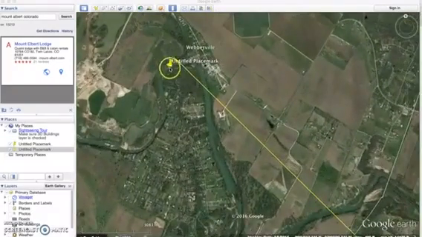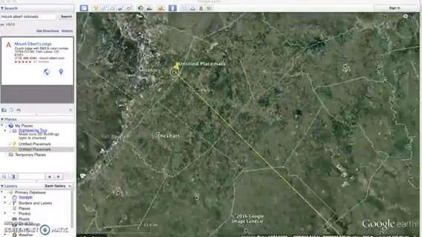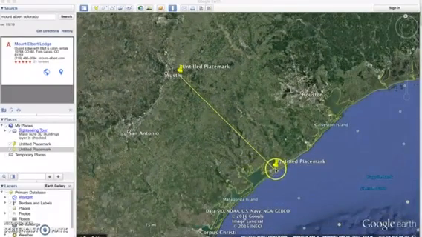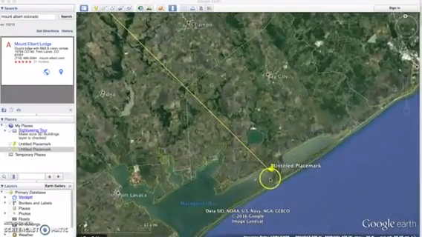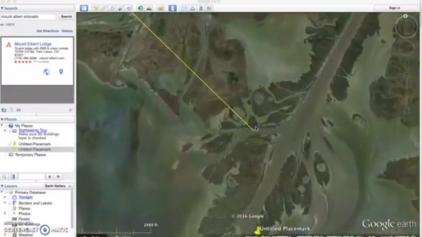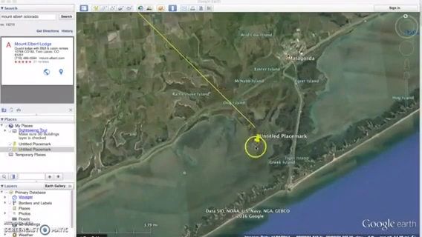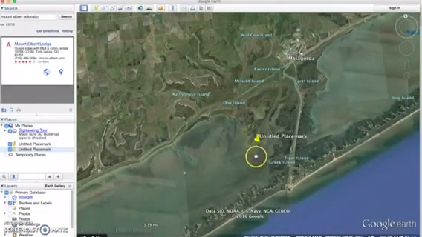So I live around here, and the Colorado River goes, this is where it empties into the coast down here. And so let's measure this real quick.